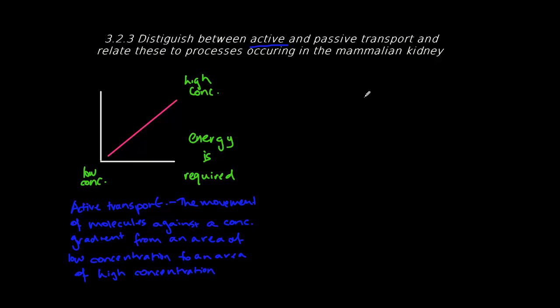At a microscopic level, the mammalian kidney has a whole bunch of things called nephrons, and we're going to look at this in a future presentation. These nephrons consist of a really tiny tube, or a tubule.